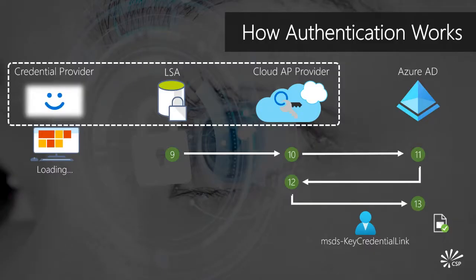Azure AD validates this signature by using the public key that's associated to the credential and is saved to the msDS-KeyCredentialLink attribute on the Azure AD object, just like how on-premises Active Directory validated the signature, because it knows what the public key should be.